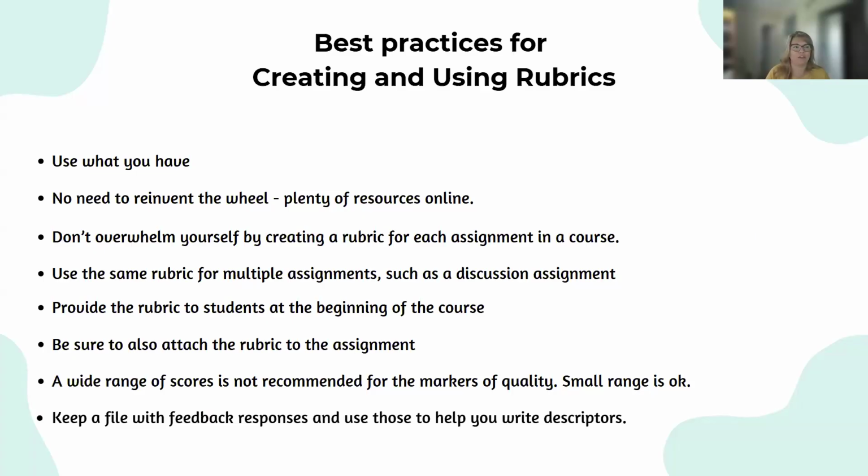You're going to have to provide a lot more feedback to the student on why they scored a 6 versus a 10. And if they're talking to their peers, they're like, well, why did they score 10 and I scored a 6? A small range is okay, like a 2 or 3 point range, but anything more than that gets a little more complicated.